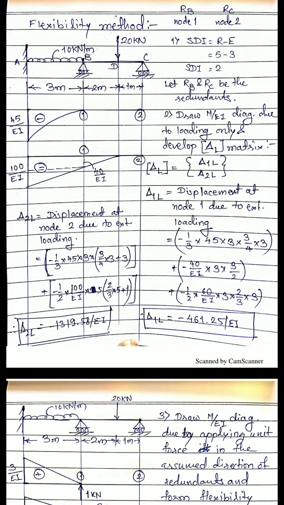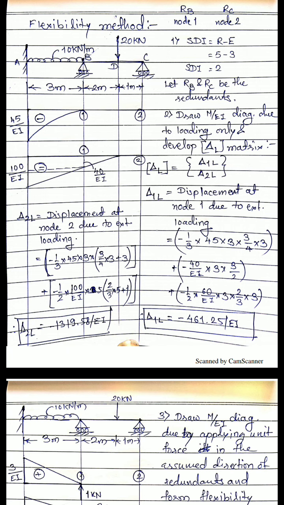So here two M by EI diagrams are there. Due to the first, the UDL, we have drawn a parabolic curve. Due to the parabola, delta 1L will be equal to minus 1/3. Why is it minus?